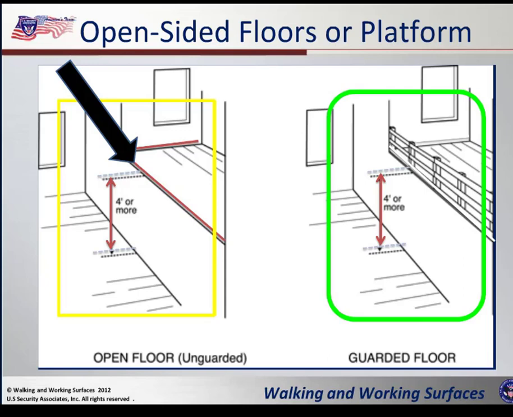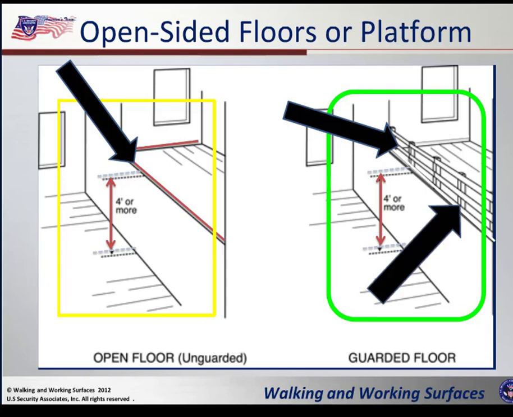Not only that, because there is a 4 foot or more drop, and things like tools and equipment could fall on people's heads, there should be a toe board in place as well. Now let's take a look at the picture on the right-hand side. Here we've gone ahead and installed your railing as well as a mid-rail and a toe board. This platform meets all OSHA requirements.